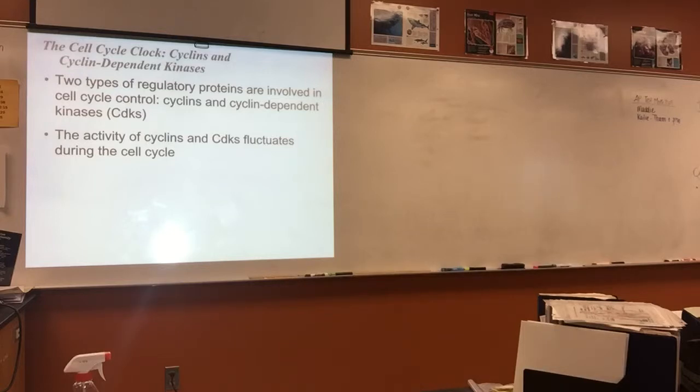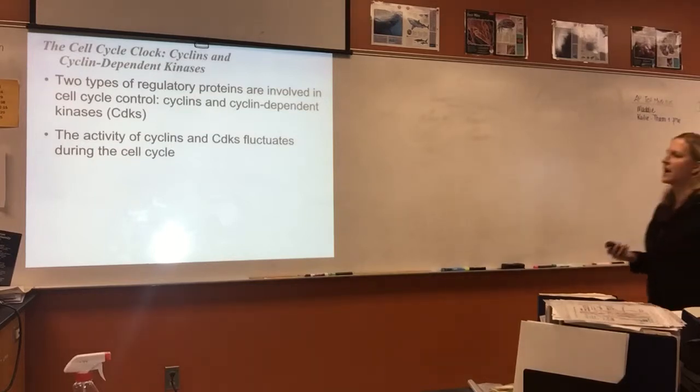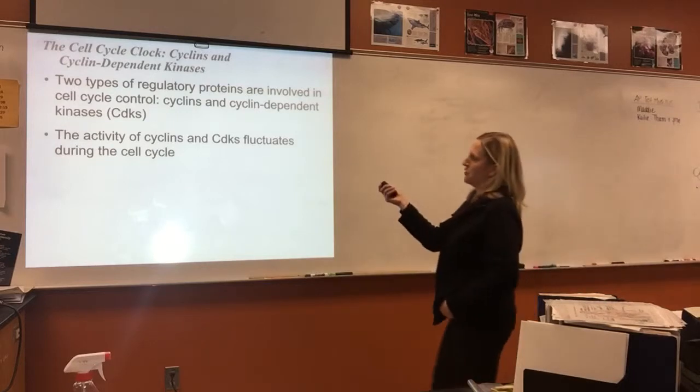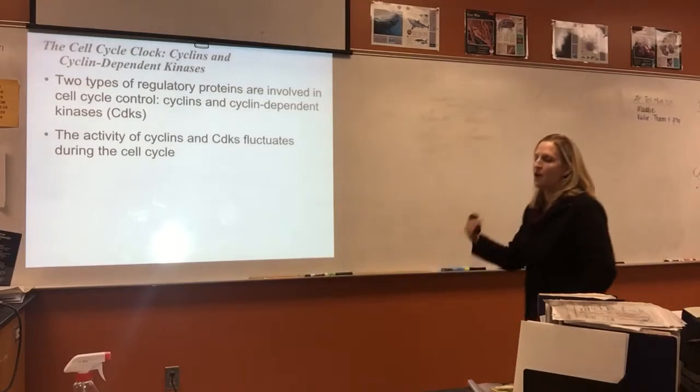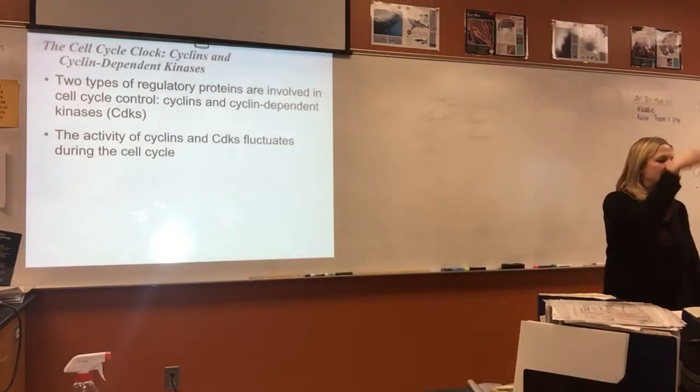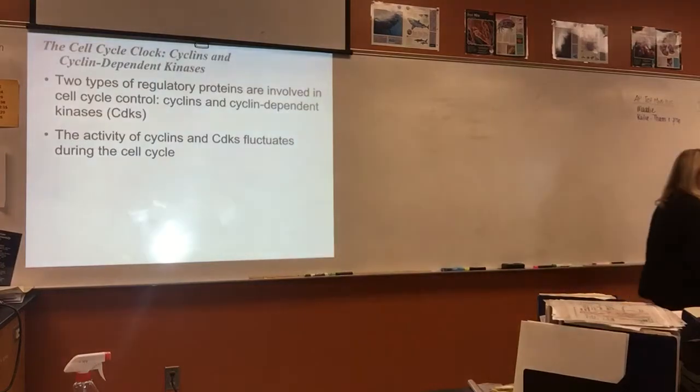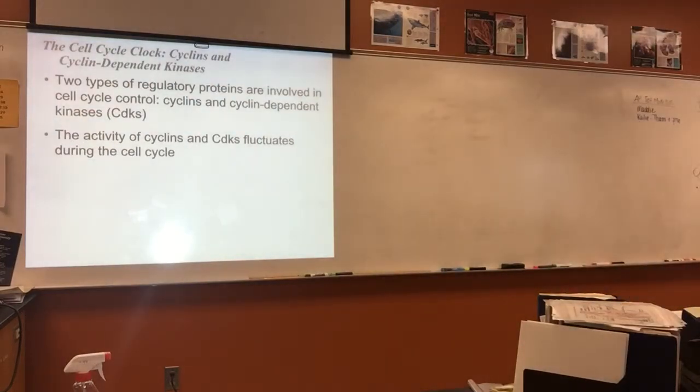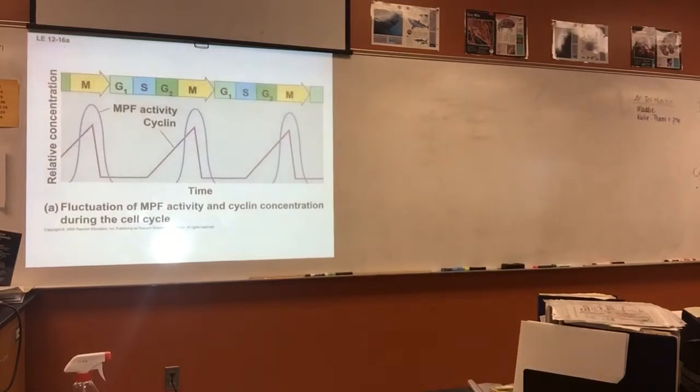It's an enzyme that phosphorylates molecules and activates them. These cyclins and CDKs, which is short for cyclin-dependent kinases, fluctuate and go up and down, and it's the concentration of these that is helpful in triggering the cell to go through the various stages of the cell cycle.